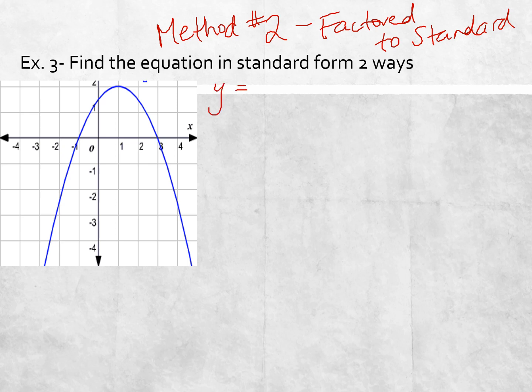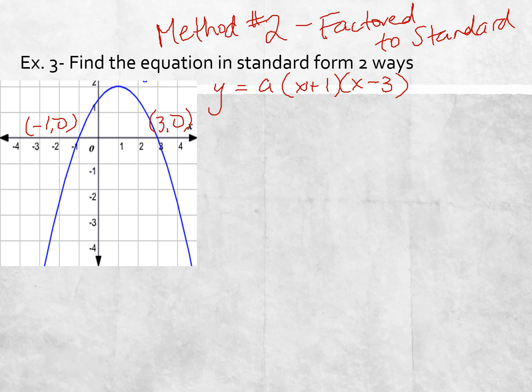So y equals a. Now my zeros, where my graph crosses the x-axis, again that has coordinates negative 1, 0, and 3, 0. When it goes into your factored form, remember those are zeros. The x value is going to be opposite. So x plus 1 and x minus 3.